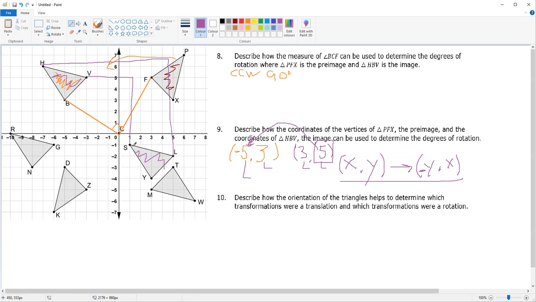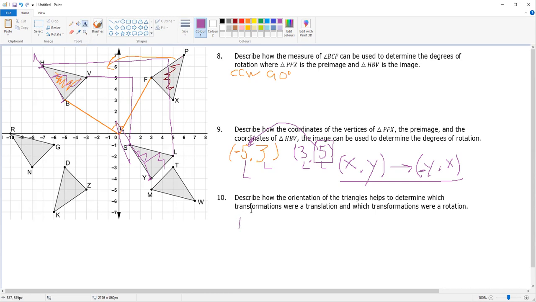They're still pointing the same way, and the matched coordinates line up with the same match points. Whereas in a rotation, the orientation changes altogether, pointing in different directions. So the answer is translations do not change.